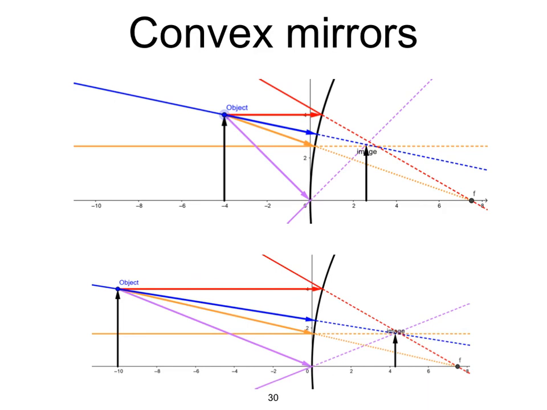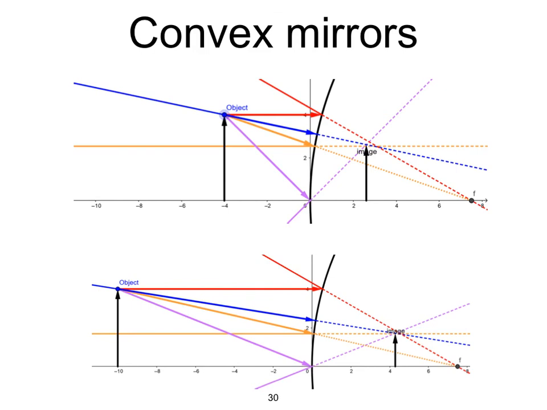If the object moves closer to the mirror, the image gets larger. If the object moves further from the mirror, the image gets smaller. You can experiment with convex mirrors at the GeoGebra interactive animation linked in the resources. Because the real rays reflecting off of the convex mirrors do not converge, convex mirrors are also called diverging mirrors.